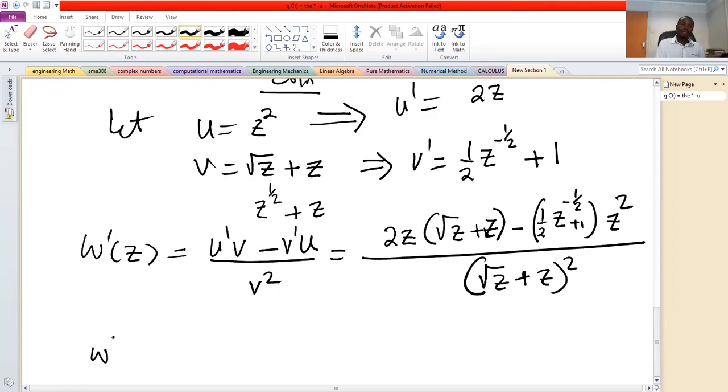Now we simplify this one. So Z times this one will give us 2 times a half plus 1.